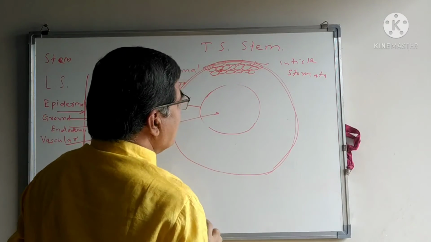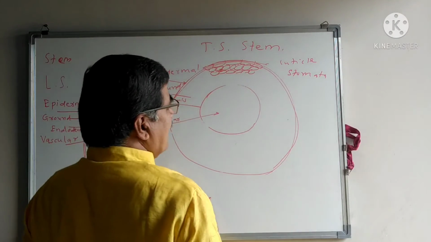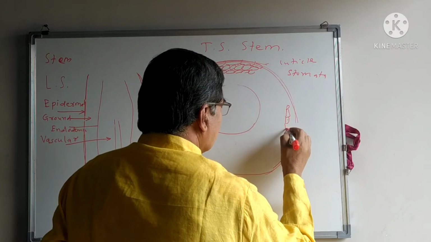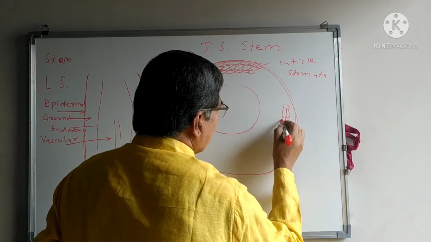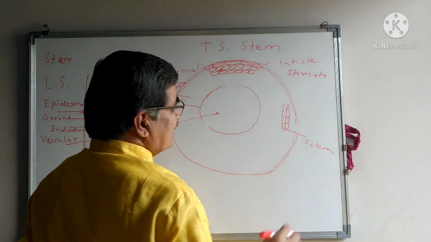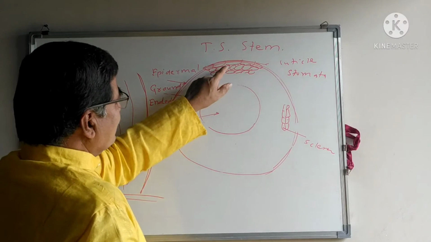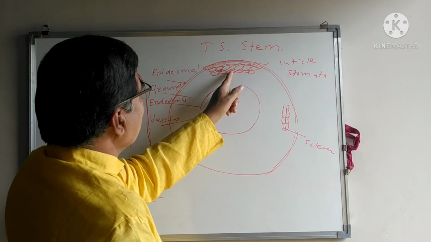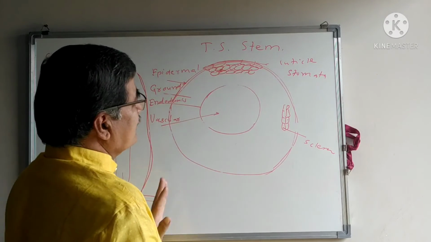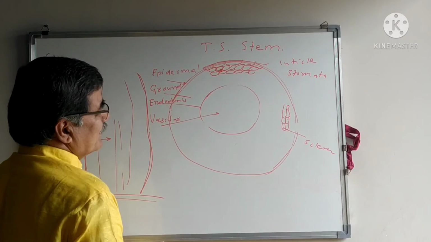But in other dicot plants, it is followed by a double-layered, thick-walled rectangular cell layer known as sclerenchyma. Both sclerenchyma and collenchyma give mechanical strength and support to maintain shape and form.